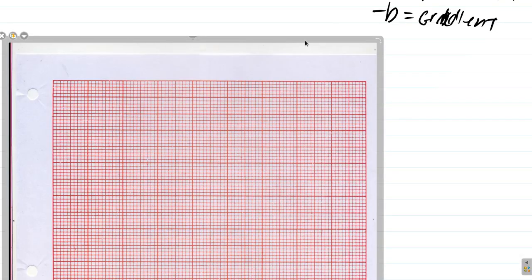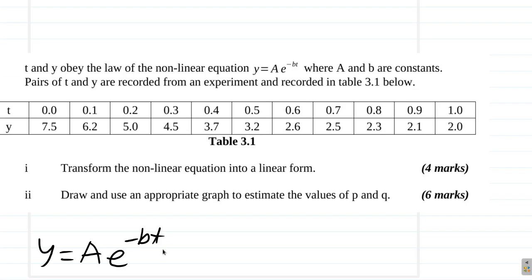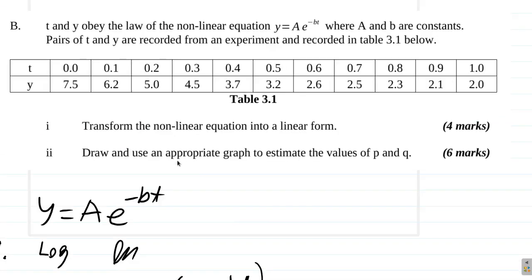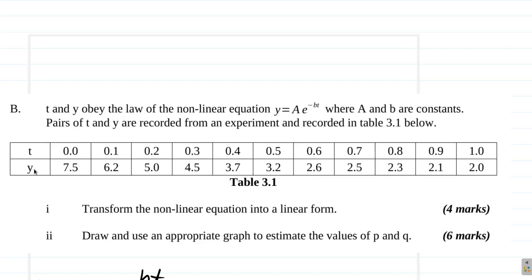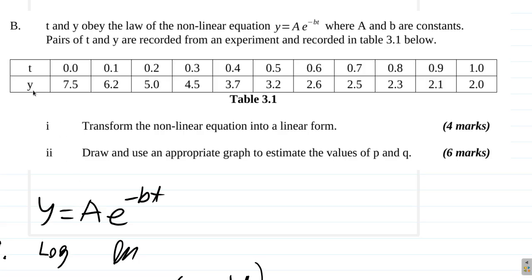Alright, so we have ln y equals negative bt plus ln a. Now, this is the graph of the nonlinear. We have t there, but y will be changed to ln y. So instead of y, we use ln y now.